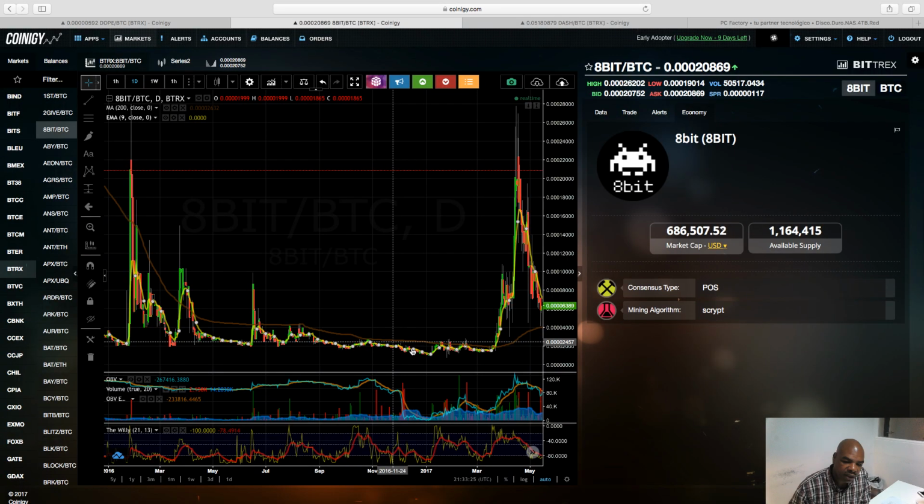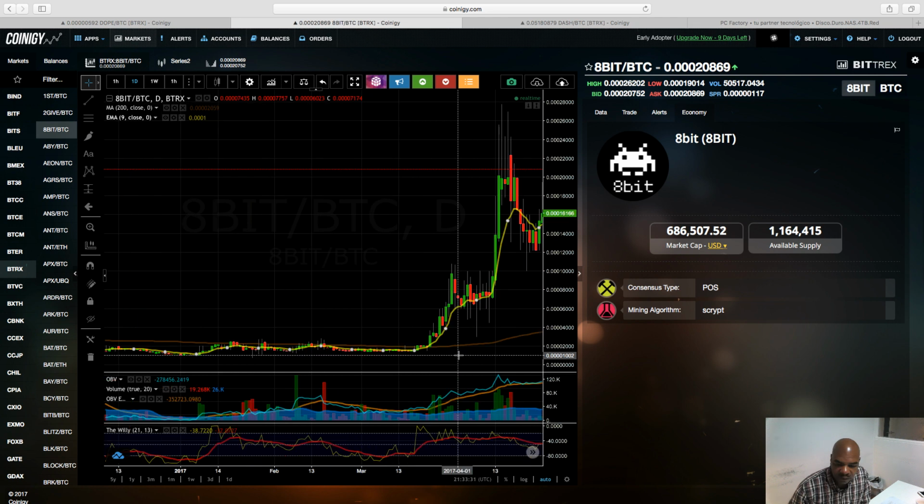What you could do for this is, again, set your fibs and wait for it to break through this 200 and close. Have a daily close right above.